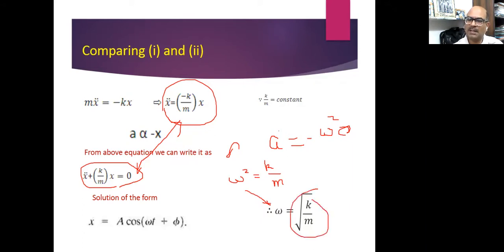Using this, and using that omega is equal to 2 pi divided by the capital T time period, we can find the time period of the system easily.